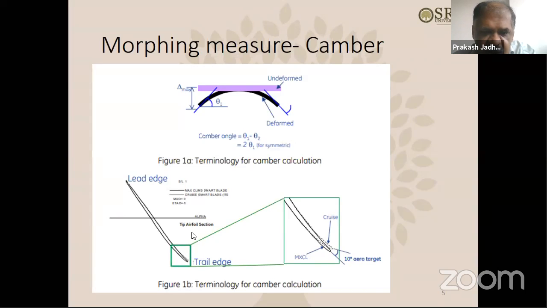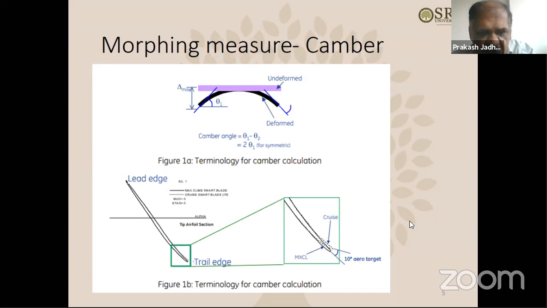The trailing edge shape can be changed. It can be moved to this side or that side. It is just a change of shape of the trailing edge, and that angle is theta. That angle will be our measure of camber.